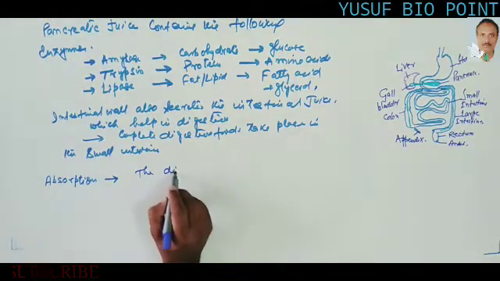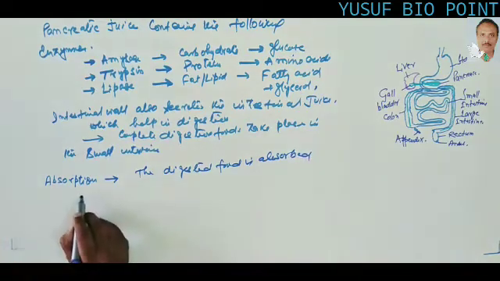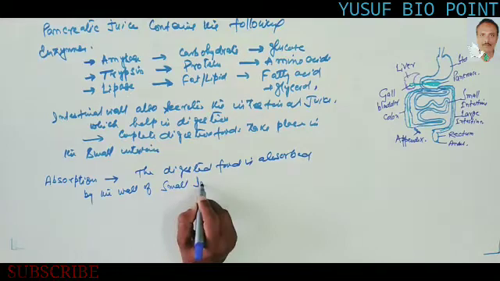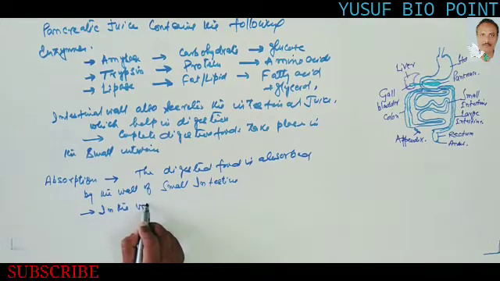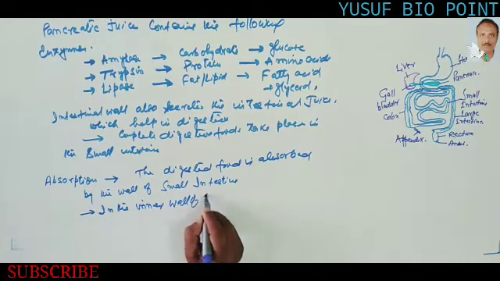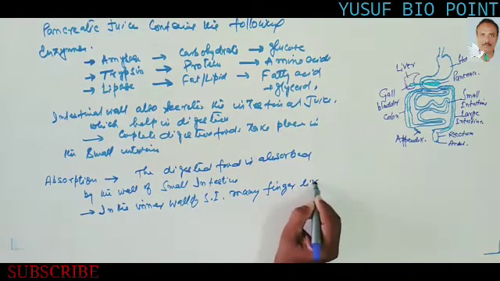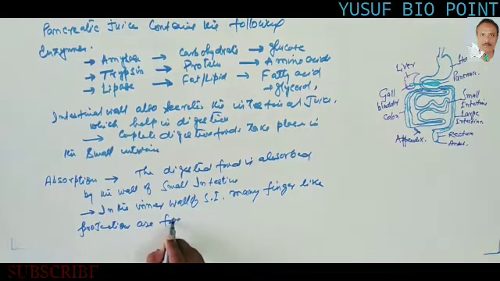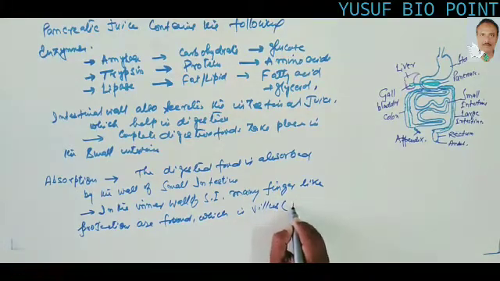The digested food is absorbed by the wall of the small intestine, because in the inner wall of the small intestine, many finger-like projections are found, which are called villus, plural villi.